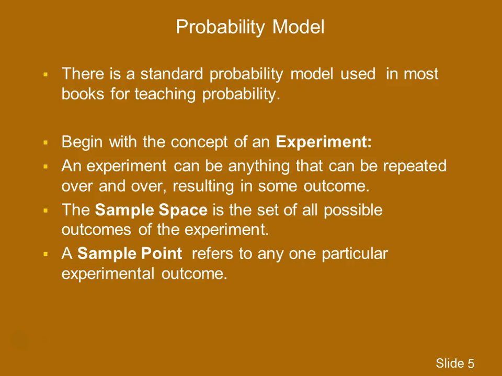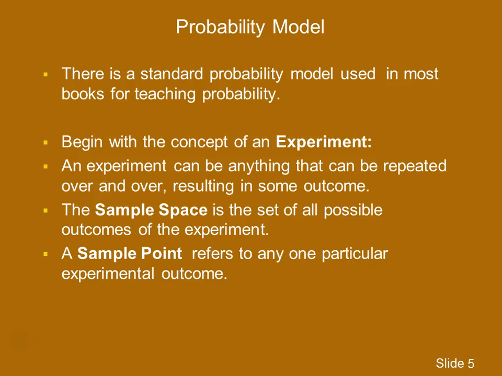An experiment can be anything that can be repeated over and over and resulting in some outcome. It can be something like rolling a die or flipping a coin, choosing 5 people from the classroom.